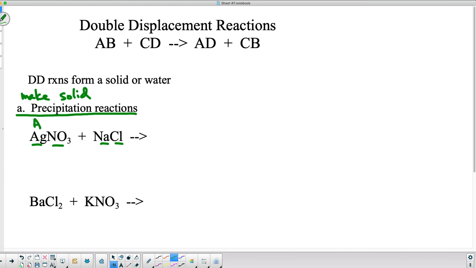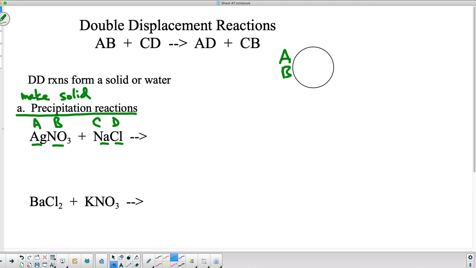Notice that Ag here is the positive part of my first compound, so that's the A. And then B is the NO3. C is the Na with a +1, and D is the Cl with a -1. Okay? So here's what I do when I go to the other side. I'm going to write this out one time, and then I'm not going to do it after that.